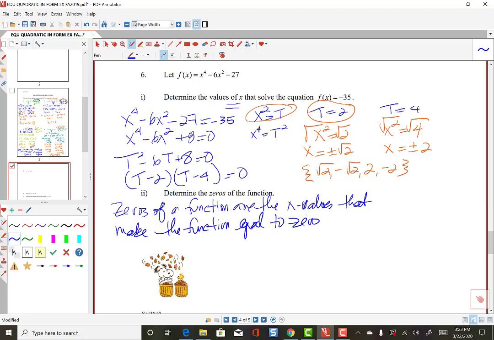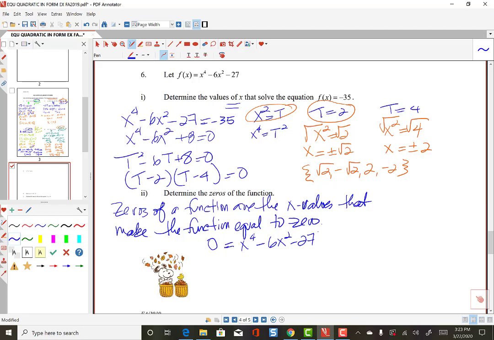Okay, now let me fix that handwriting there. Okay, so what we're going to do is set the function equal to 0. So I would have x to the 4th minus 6x squared minus 27. This is all equal to 0.